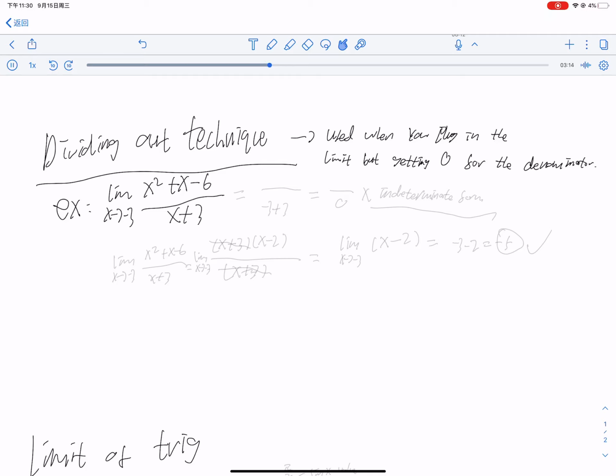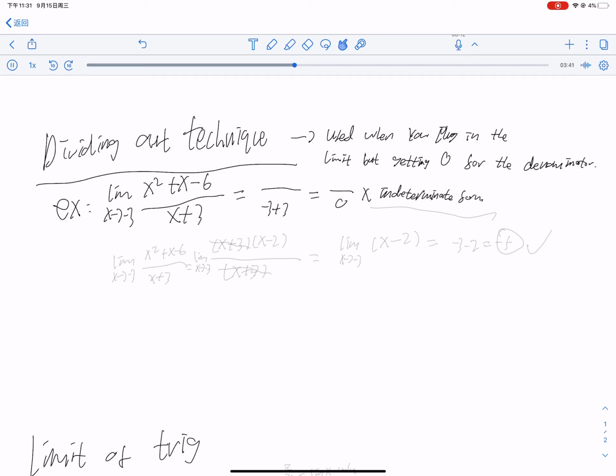Alright, so now when you plug in this limit, you will see that the denominator is 0, right? Because negative 3 plus 3 is something over 0. So we don't want this. This is called the indeterminate form. And we don't want this.